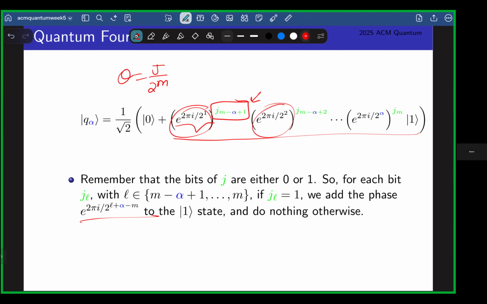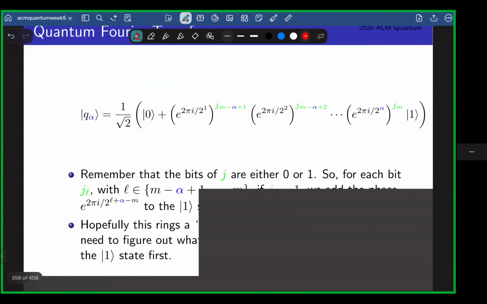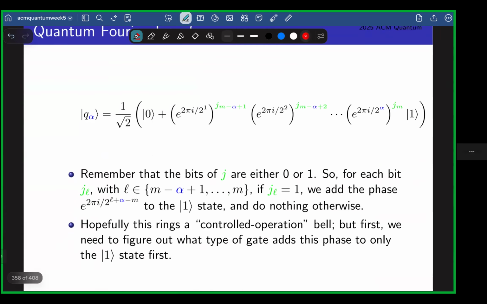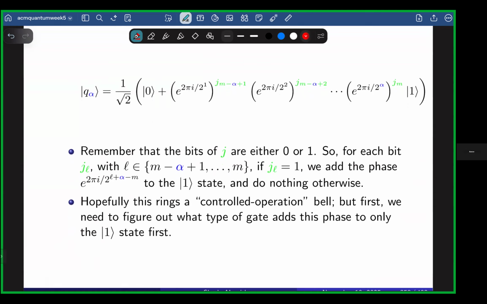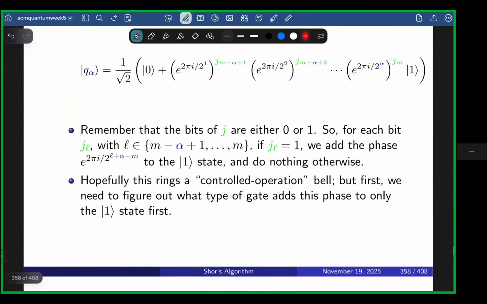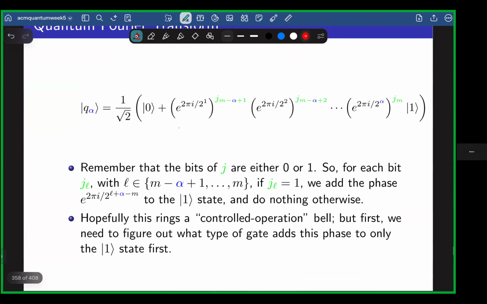It's a controlled thing that will apply this phase to the 1 state if it's 1. We'll define what it is. So again, controlled operation should ring that bell. But remember, we're only adding that phase to the 1 state, so we don't care about the 0 state.